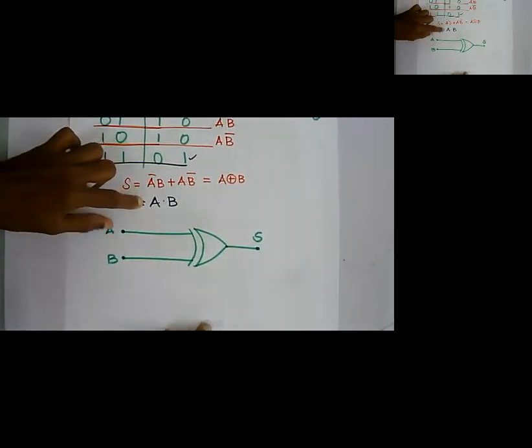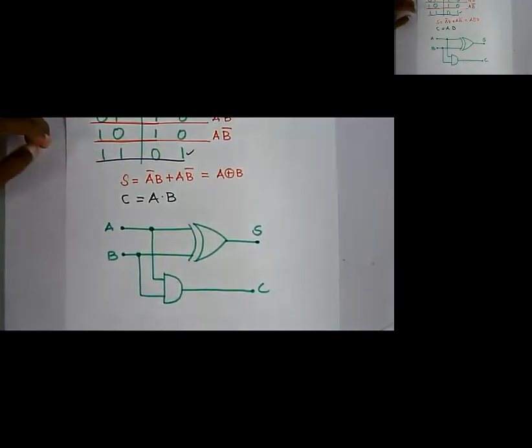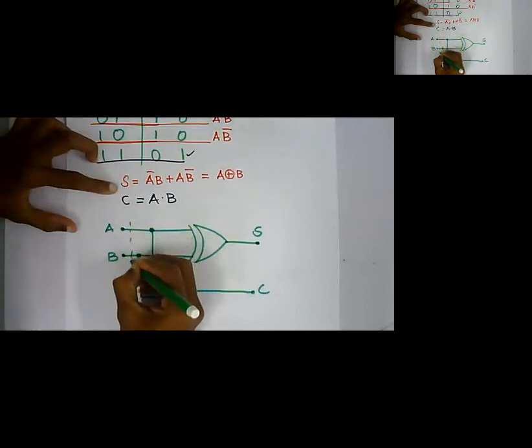And my carry is A dot B, which is an AND gate. I can put a circle and another circle and an AND gate, and this will be my carry. So I design a circuit something like this in a box.